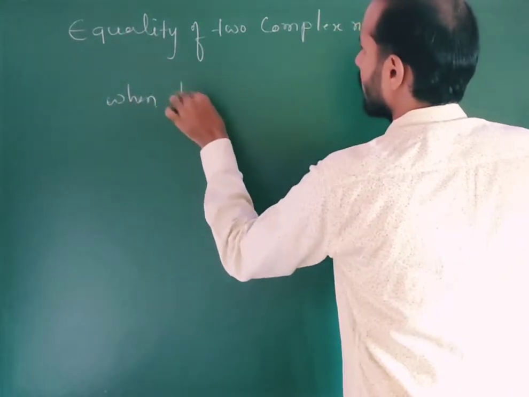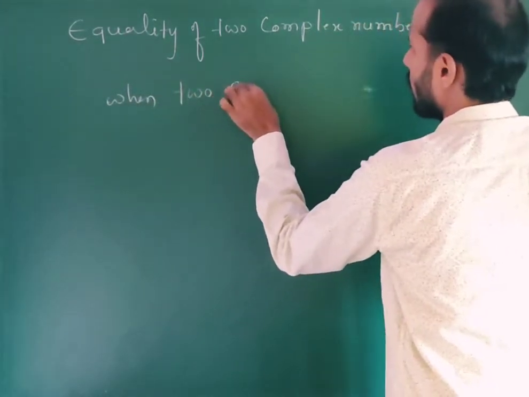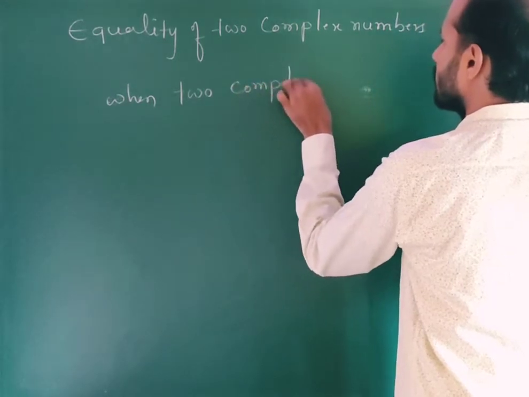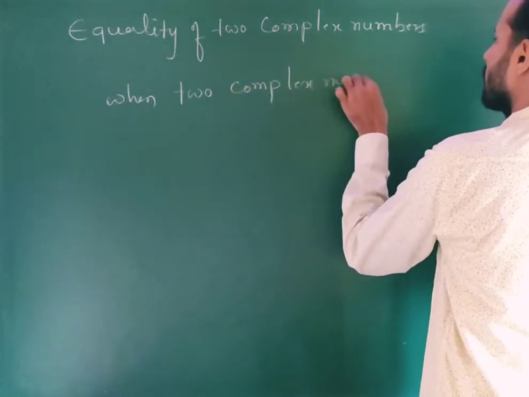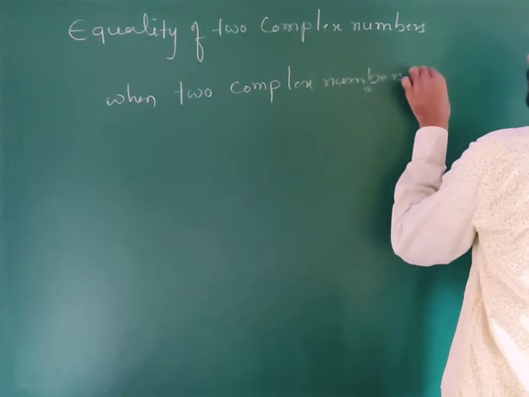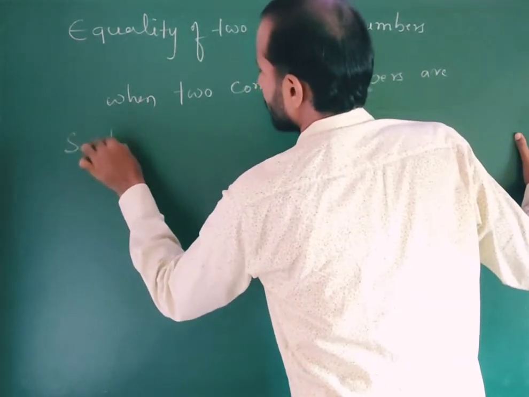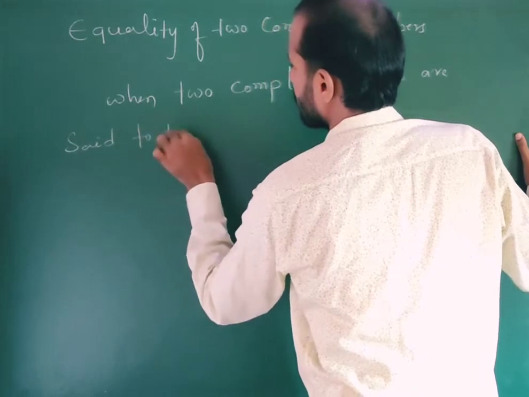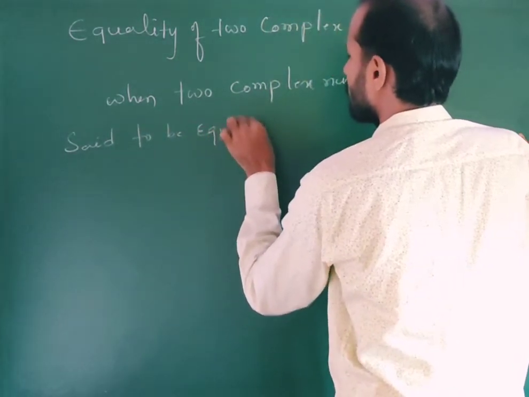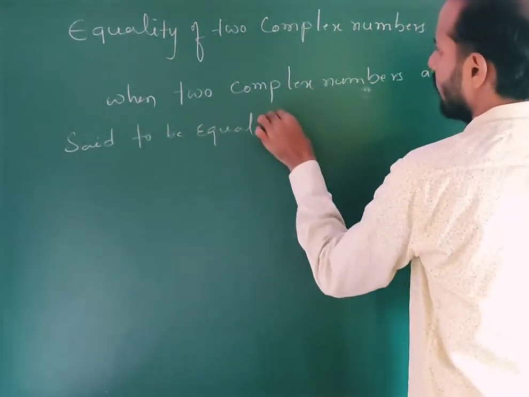Two complex numbers are said to be equal if the real part is equal to the real part and the imaginary part is equal to the imaginary part.